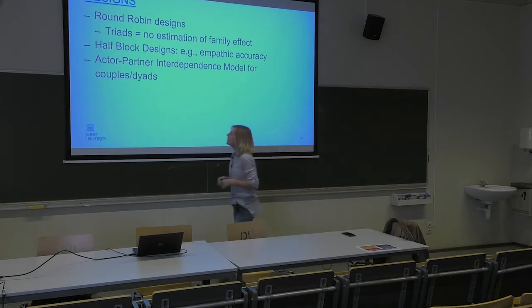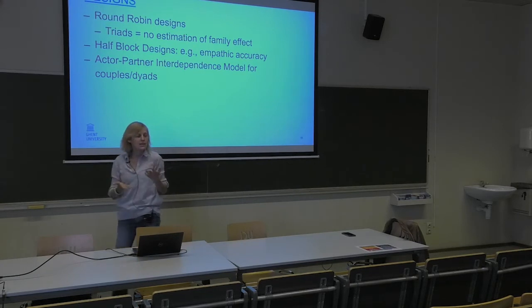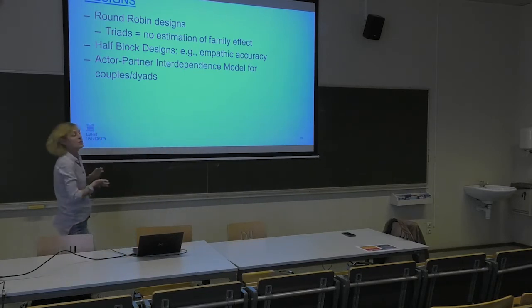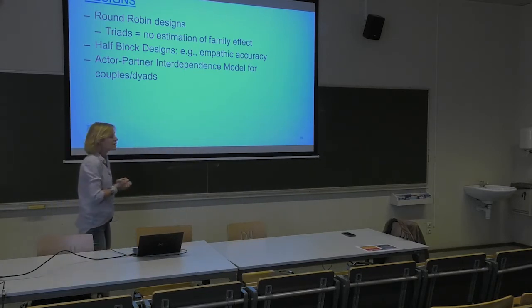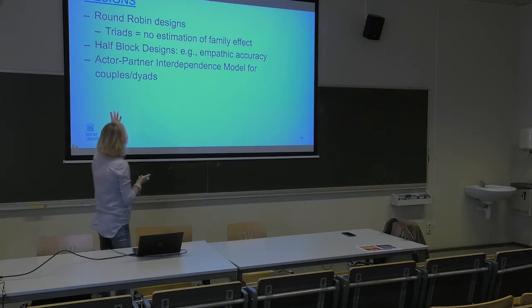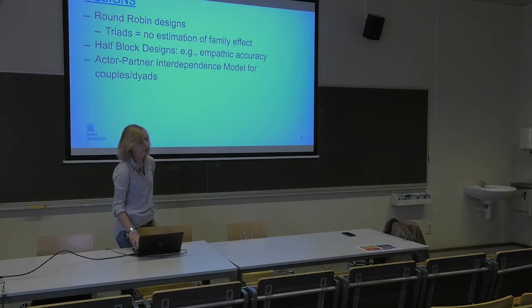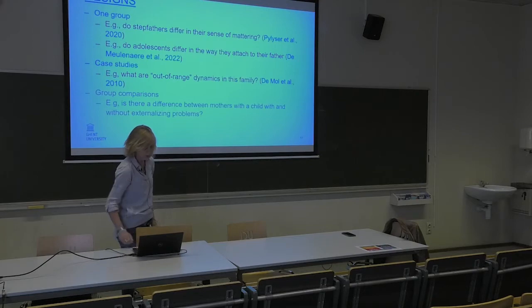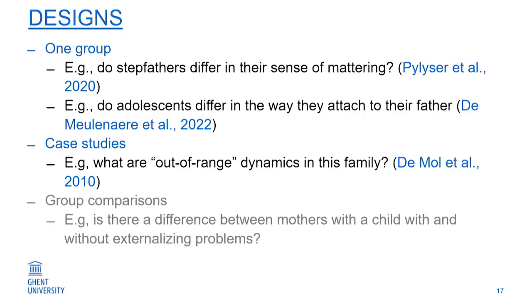So the idea of this slide is that round-robin design is the nicest one in terms of statistics and model estimations, but there are alternatives which make it more feasible if you want to do the research. Another thing about designs, and there I do have a few examples, is you can have one group.